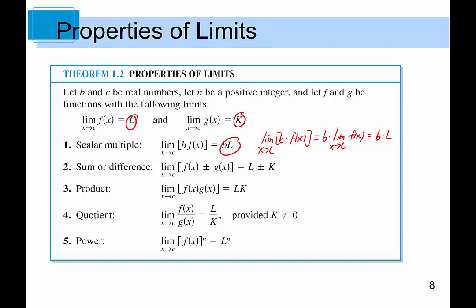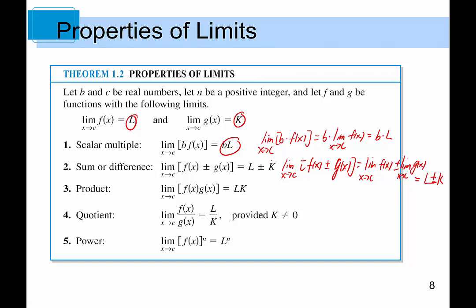And sum or difference. You can just separate the sum or difference of two functions into two limits: limit x approaches c for f of x plus or minus limit x approaches c for g of x. Now we have L plus or minus k.